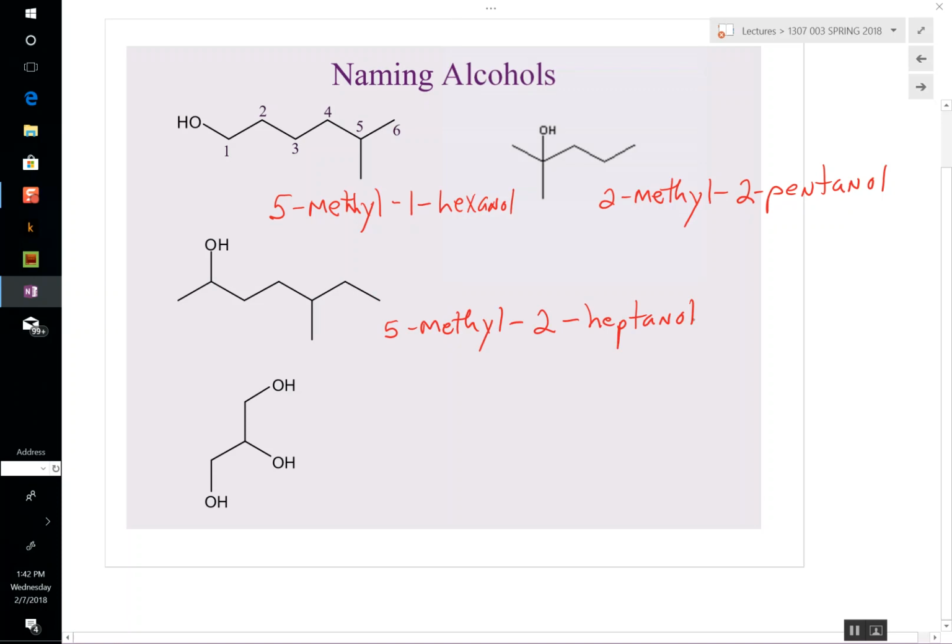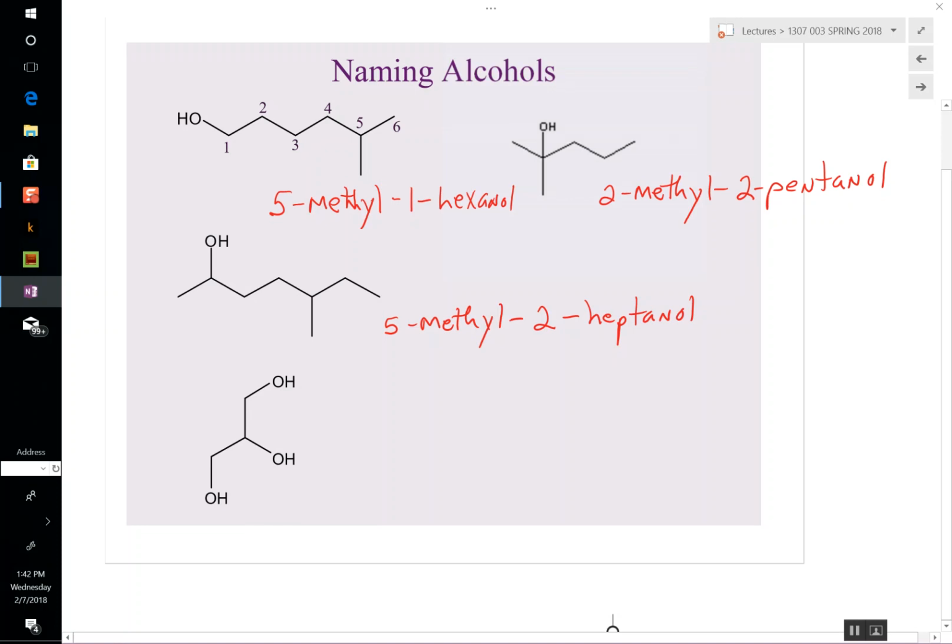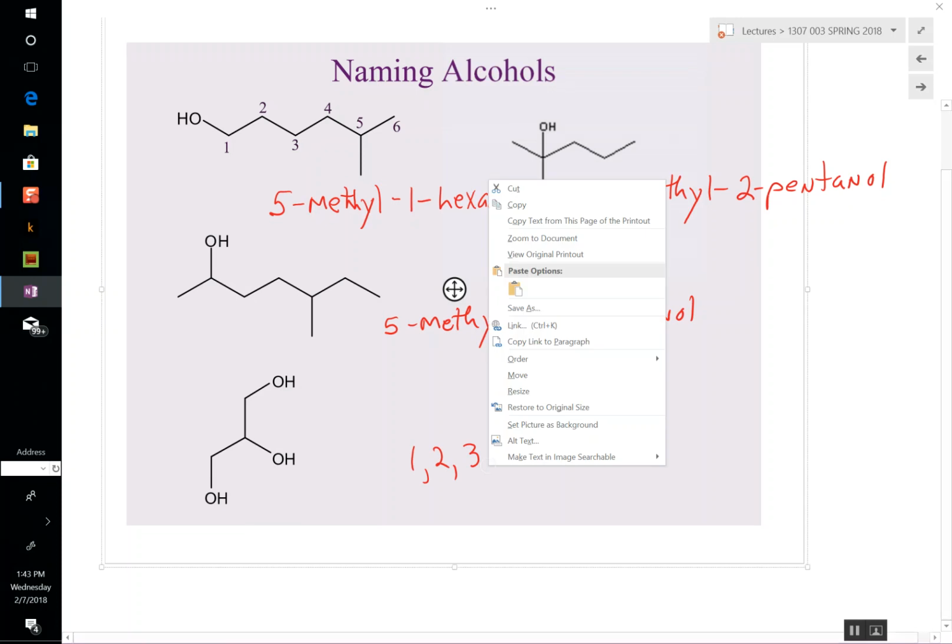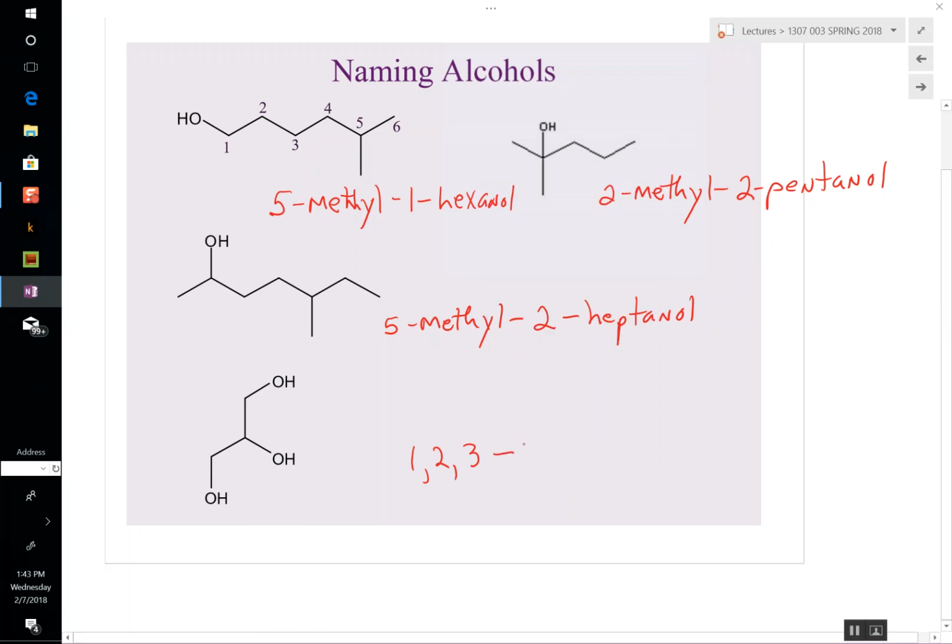Go ahead, Leah. This may be wrong, but 1, 2, 3 tripropyl. Is that right? No, what we do, we take the tri and we put it before the OL. So it's 1, 2, 3 propane triol.